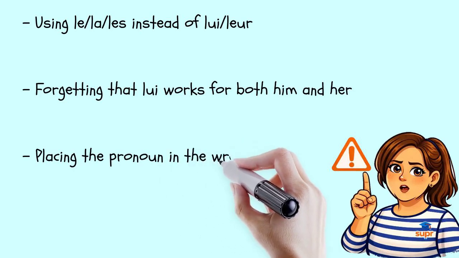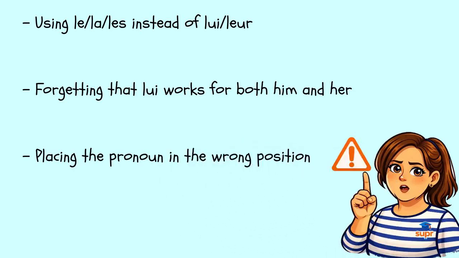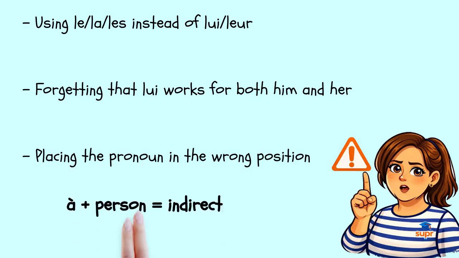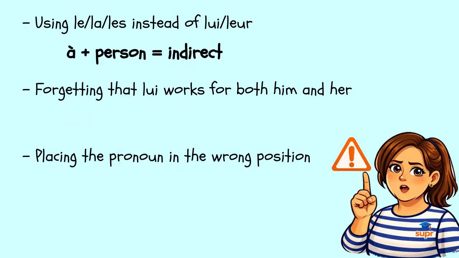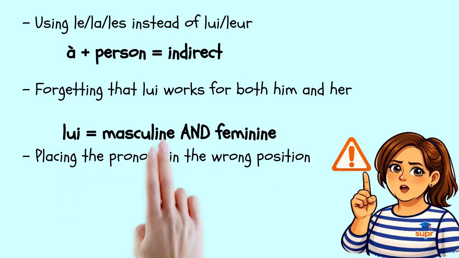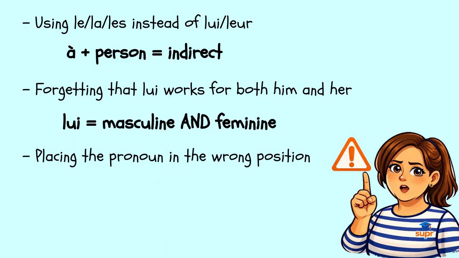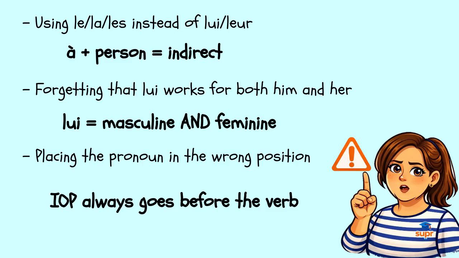So remember, le, la, les are your direct object pronouns for it or them. And lui and leur is to him or to her. So if there's an à plus a person, we use the indirect object pronouns. Lui works for both masculine and feminine, to him, to her. And the indirect object pronoun always goes before the verb that it is being affected by.